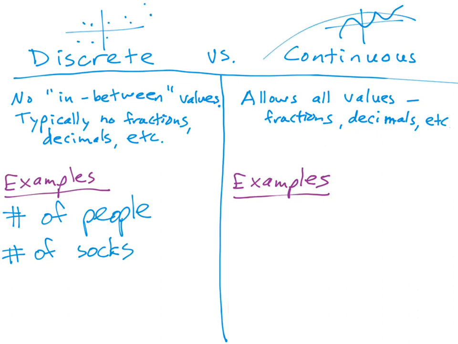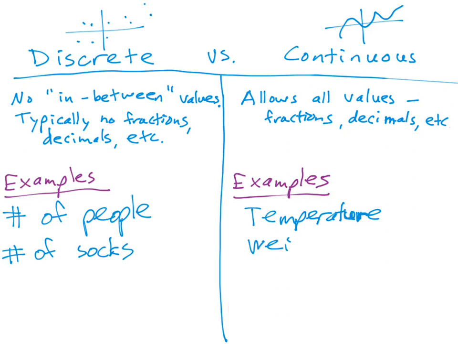Whereas a continuous data set can have those in-between values. That'd be things like temperature, right? Something can be 98.6 degrees. Something can be 34.25 degrees. And so the temperature has all those in-between values, and that's fine.